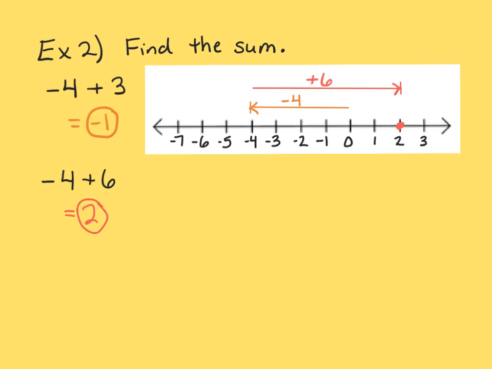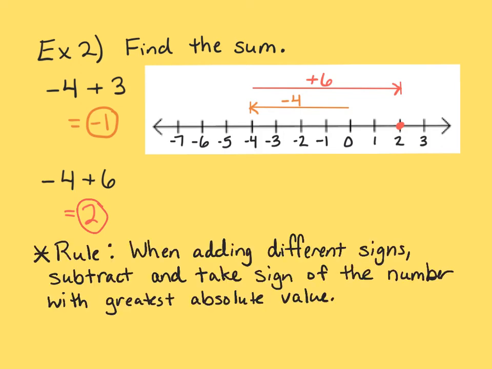It is further from 0, and so that made the answer a positive 2. So when adding different signs, subtract and take the sign of the number with the greatest absolute value. So we think different signs, subtract, and take greatest absolute value.